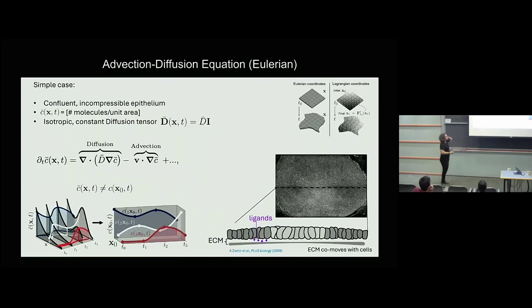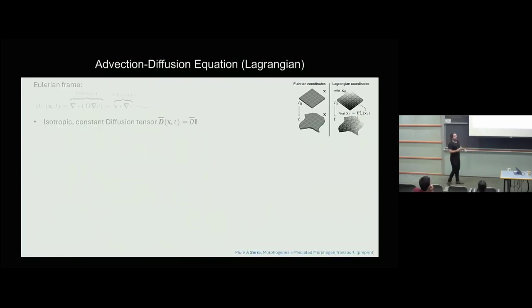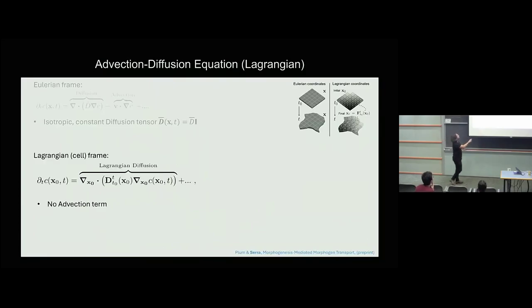Yeah. Okay, so when you start from this equation, what you get in the Lagrangian frame, now again we have an equation for Lagrangian coordinate. Remember, x doesn't know about cell trajectories. x0 is just mapping each patch of cells with a number, and that's basically this coordinate. So the first thing we notice is basically in the Lagrangian coordinate there is no advection.